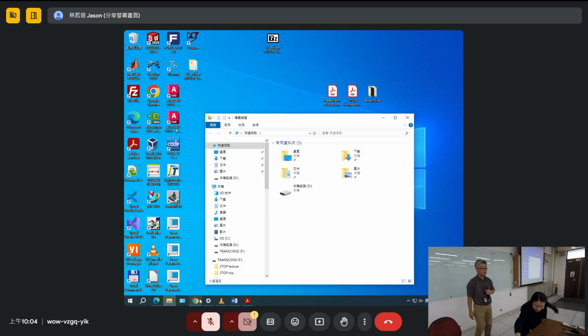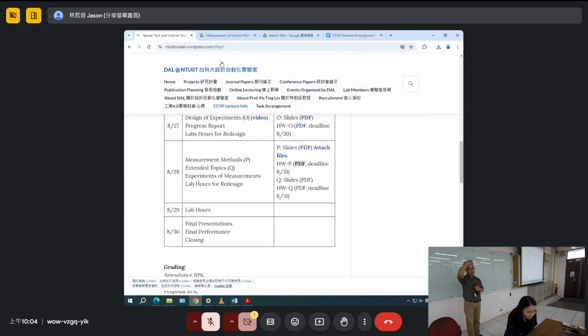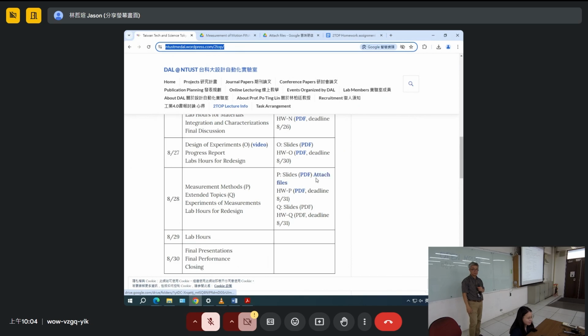Okay. Sorry. Everyone can go to this website. You can type in this link, and then the attached files are over here. Just download all.